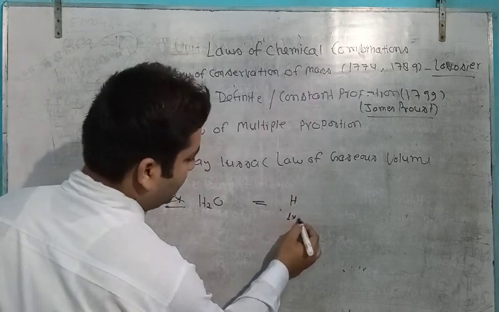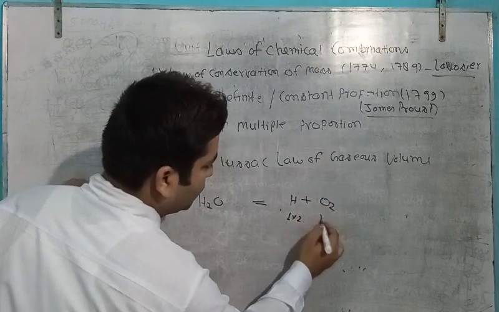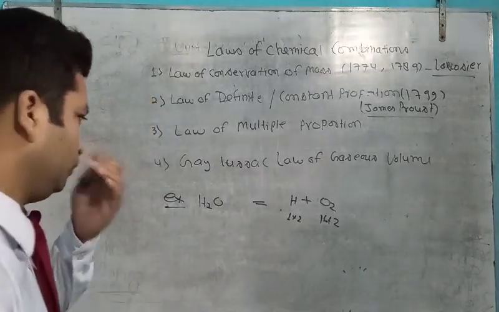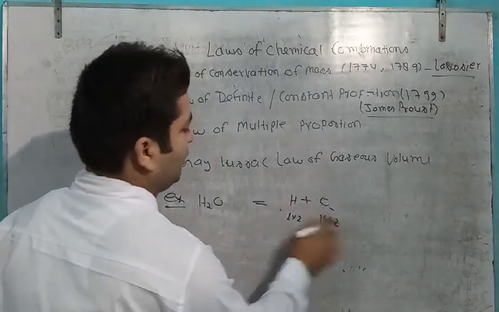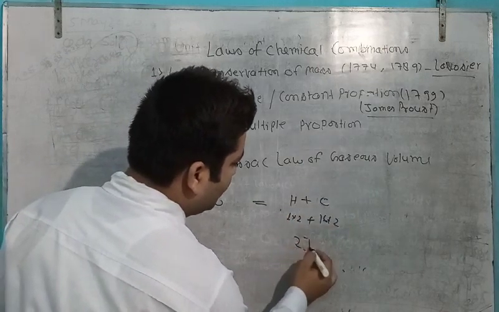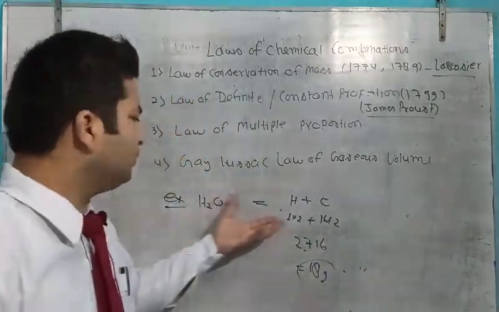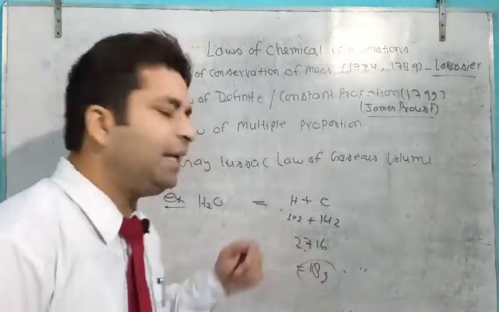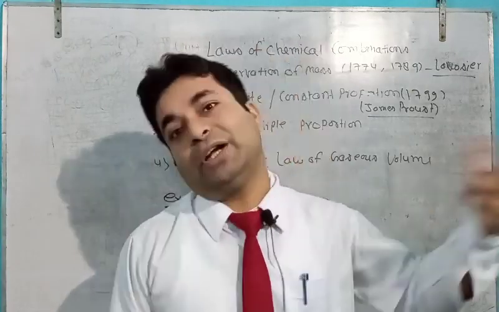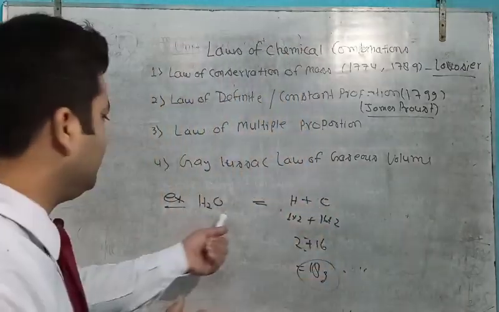The mass will be hydrogen 1, so 2, plus oxygen 16. Sorry, H2O, not O2. So here it will be 18, because 2 plus 16 equals 18 gram. The mass of one molecule of water will always be 18 gram and it can't be changed. Whatever the source or place, the formula of water will always be the same.